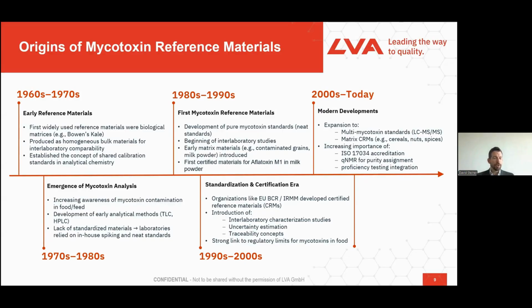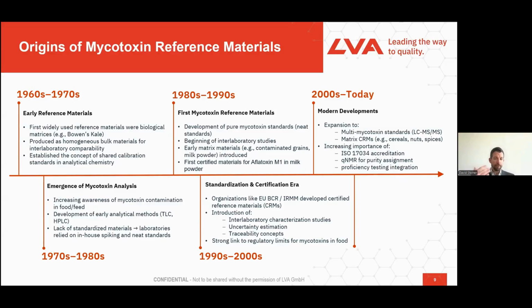And it was not until the 1980s and 90s that the first real dedicated mycotoxin reference material was developed. These included both neat standards and also early matrix-based materials such as contaminated grains or milk powder. During this period, the first certified materials emerged, for example, for aflatoxin M1 in milk, largely driven by increasing regulatory requirements.